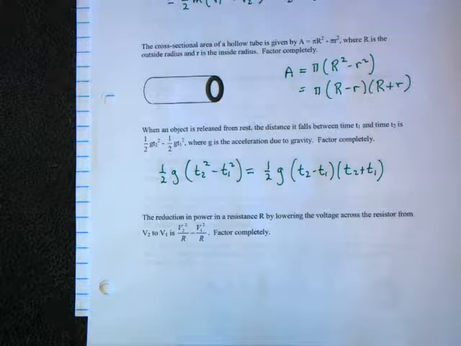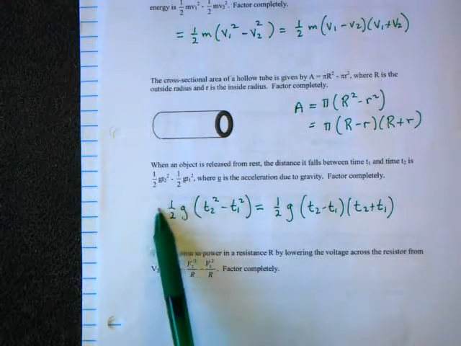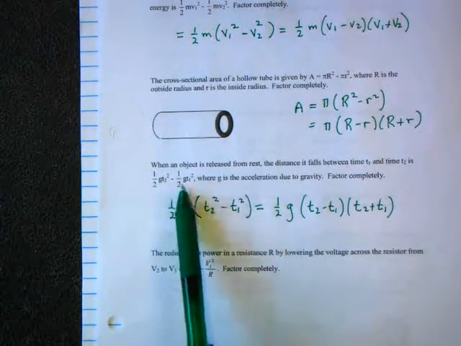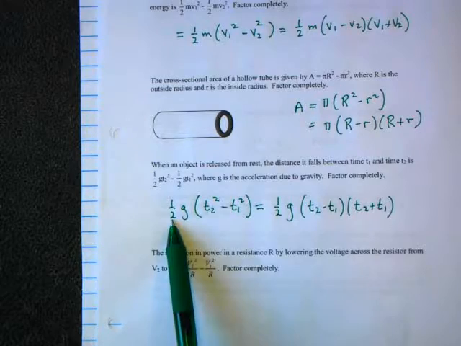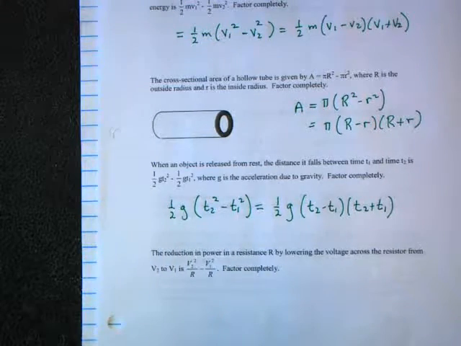What would you do with the last one? Factor out an R? Sort of. Okay, so when I factor out the R, I have to be careful. It's kind of like in the previous problem when I factor out the 1/2. The 2 is on bottom, so the 2 needs to stay on bottom. The R is on bottom, so when I factor it out, it needs to stay on bottom.